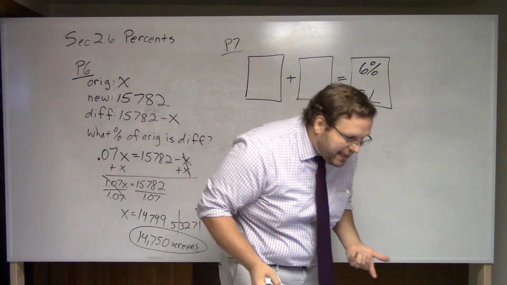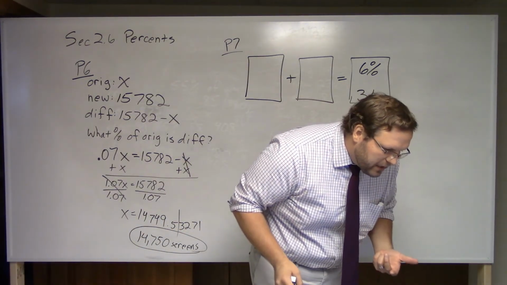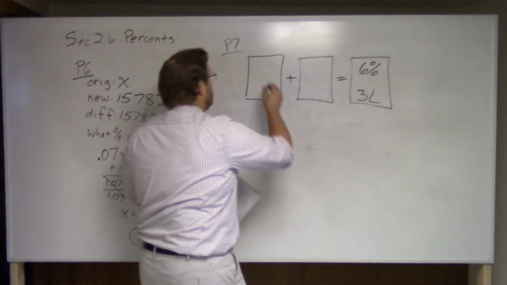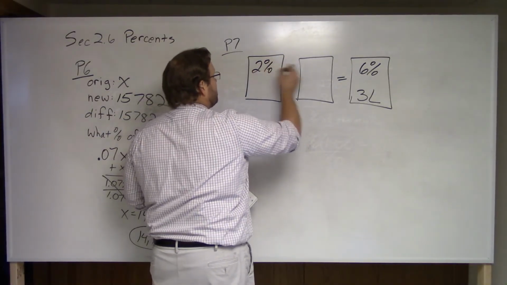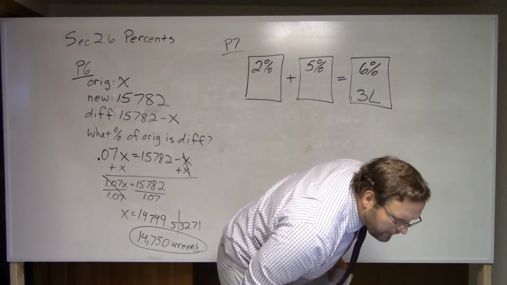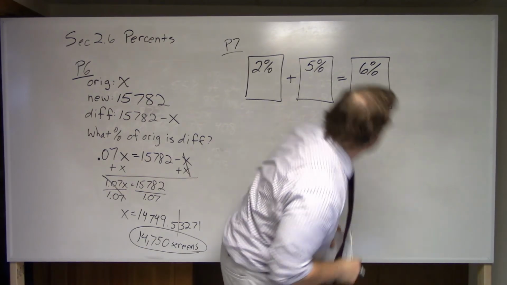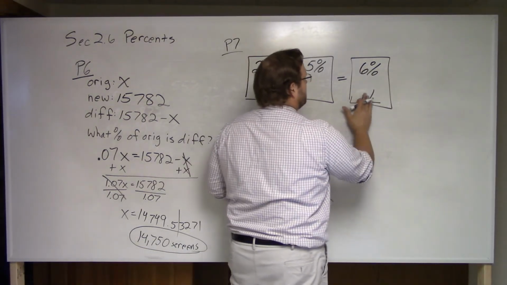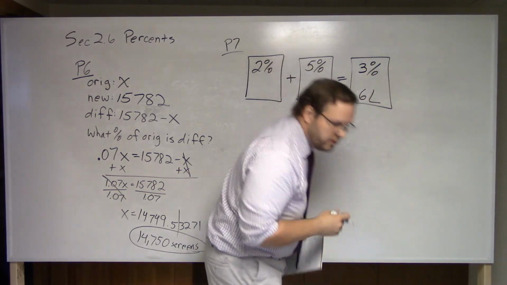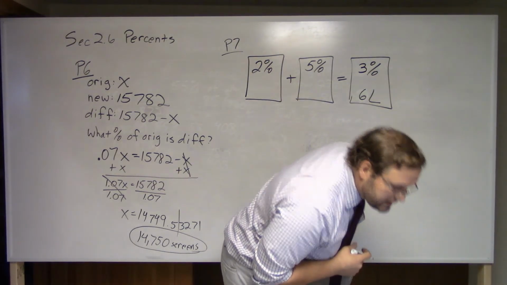Now, all she has in the lab, though, or in the stock room, is 2% and 5%. So, all we have to work with is a 2% and 5%. And I mix these up over here. This should be 3 and 6 liters. Okay, so 3% and 6 liters, yes.